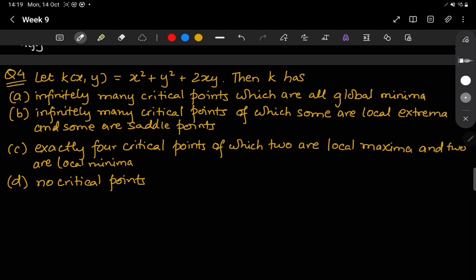Then k has, these are the options we need to select: A, infinitely many critical points which are all global minima, or B, infinitely many critical points of which some are local extrema and some are saddle points, or option C, exactly 4 critical points of which 2 are local maxima and 2 are local minima, or option D, no critical points. The poll has been restarted for all of you. Please try to solve this question.